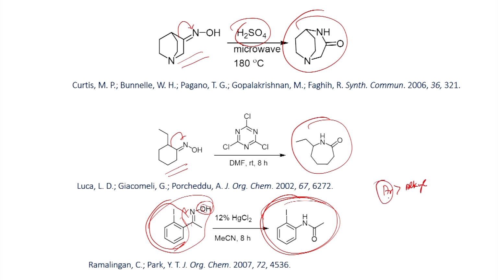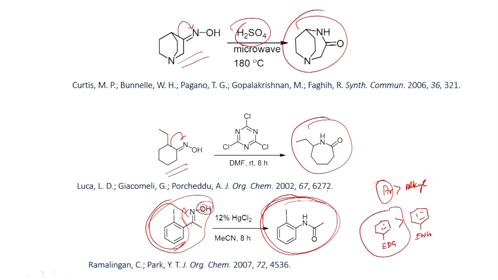And if you compare the reactivity of different aryl groups, the aryl group that has an electron donating group shows greater reactivity compared to that having an electron withdrawing group.